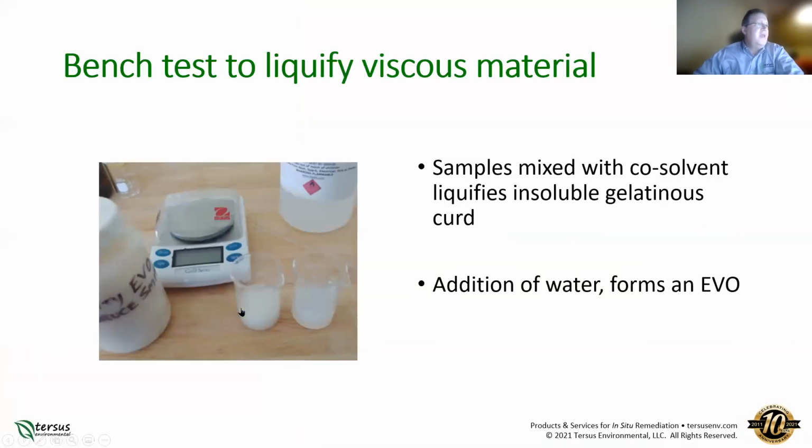In our laboratory, we tried the same co-solvents again, and we found that the material was very easily liquefied. So we could liquefy that insoluble gelatinous crud. And then once we added water to that system, we were able to form an EVO. So by flushing out the system with the same co-solvent that we use in some of our SEAR applications, we can liquefy that gelatinous material and then further help distribute it in the subsurface.